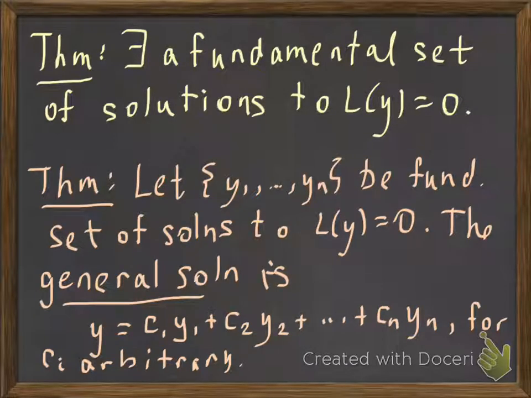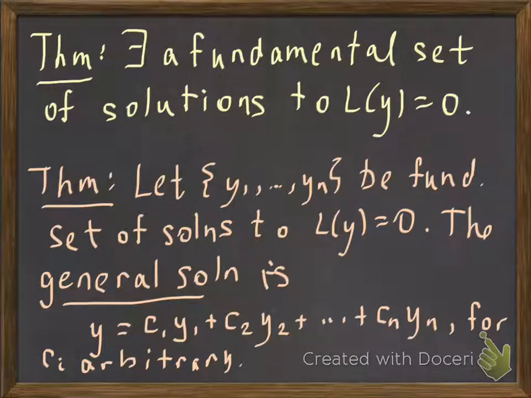And if I have a set of n linearly independent solutions, in other words, if I have a fundamental set of solutions to an nth order linear ordinary differential equation that is homogeneous, then we can write the general solution as what we call a linear combination of my n fundamental solutions.